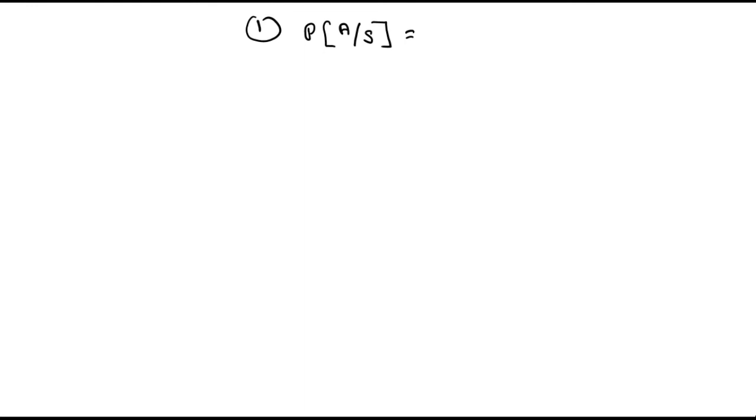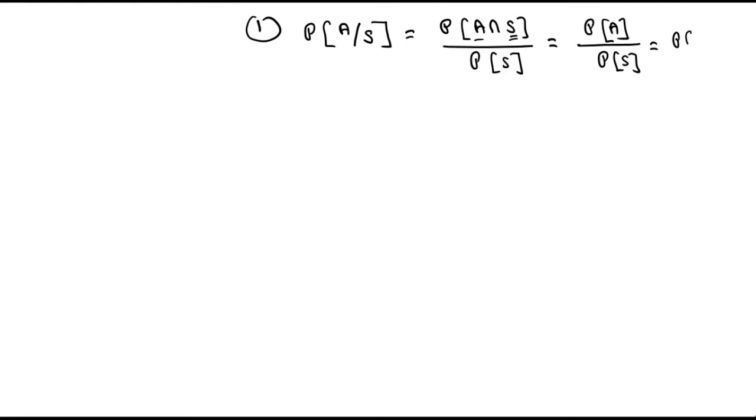But our definition of conditional probability says probability of A intersection S divided by probability of S. Now event and sample space intersection is always A only. So probability of A divided by probability of S is equal to probability of A. This is the first property: probability of A given S equals probability of A.